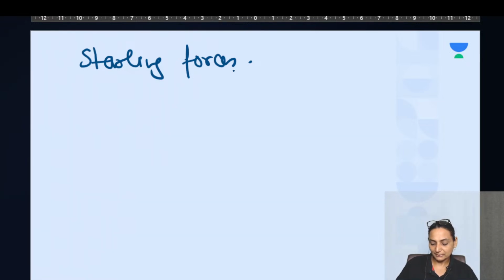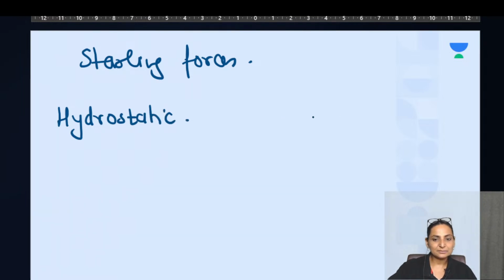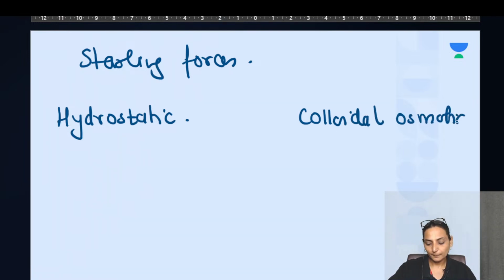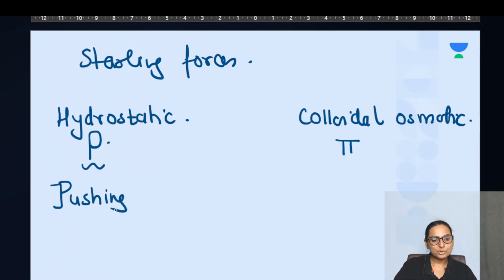So you have got two Starling forces, hydrostatic and colloidal, oncotic or osmotic. Hydrostatics are given by P and colloidal, oncotic or osmotics are given by pi. Hydrostatics are pushing forces. They will push the fluid out.